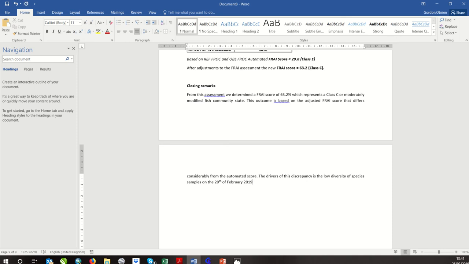So they collected a very low diversity of species on the 20th of February, and the fact that you've got low samples does not correlate to changes in environmental conditions observed in the system which FRAI evaluates.